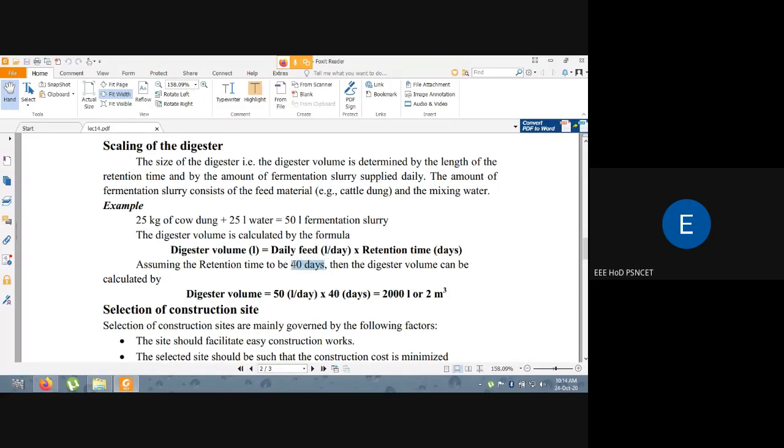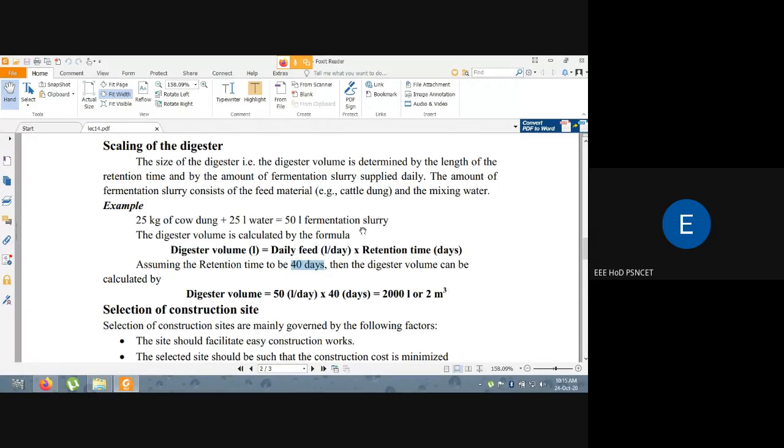It should be 1 to 2 months for anaerobic fermentation. This slurry is kept inside the digester for a maximum of 2 months, minimum of 1 month. So we have given 40 days. So 50 times 40 is 2000. 2000 liters means 2 meter cube.